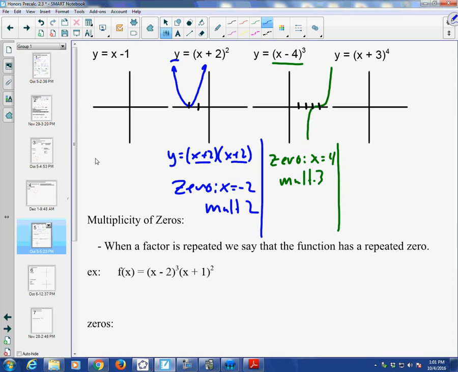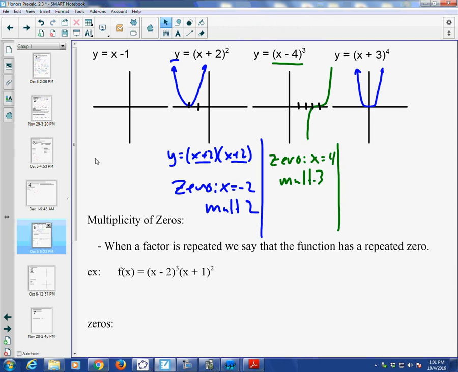Next, if we take a look at y equals (x plus 3) to the 4th, we can say this is going to be a transformation of the graph of y equals x to the 4th, which looks like a flattened out parabola. Something like that.